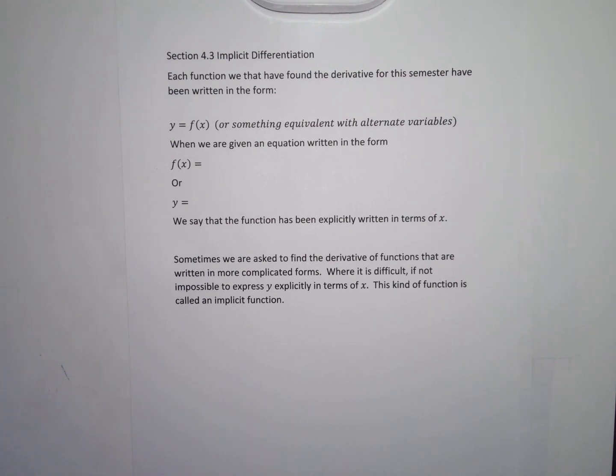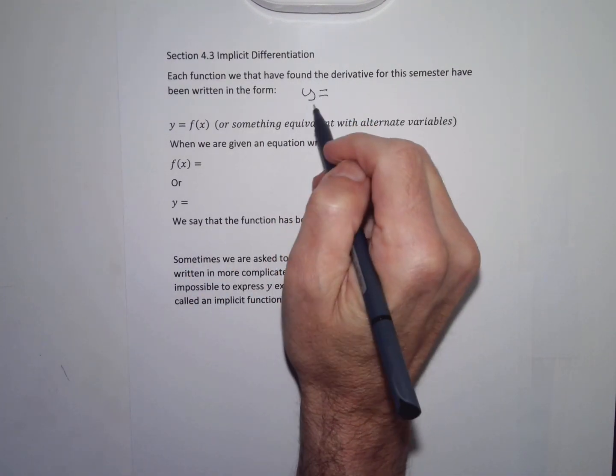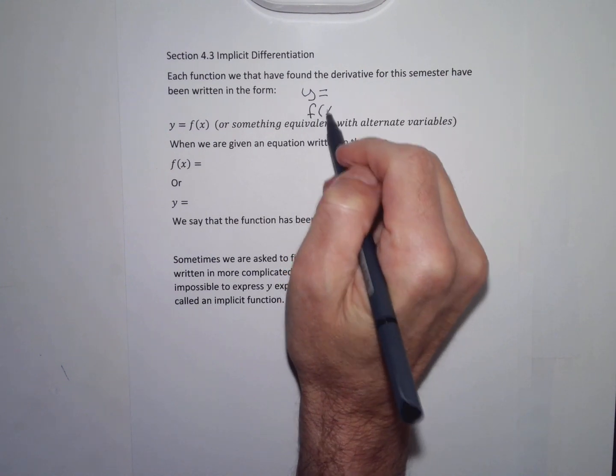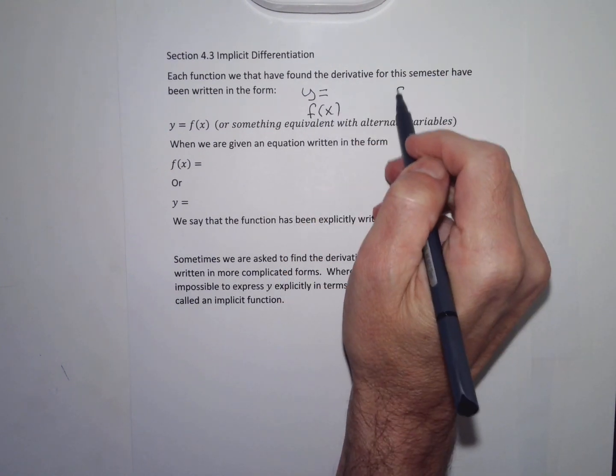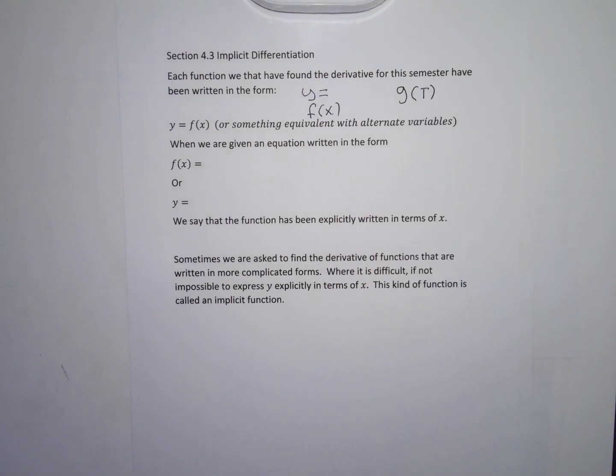Each function that we've found the derivative for this semester was written as y equal to something, or as f of x equal to something, or maybe even g of t equal to something. It was either written solved for y or written in function notation. We learned a handful of derivative rules: product rule, quotient rule, power rule, chain rule, how to find derivatives of e's, how to find derivatives of ln's.